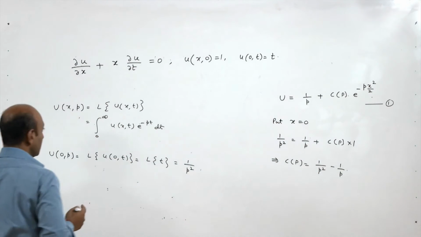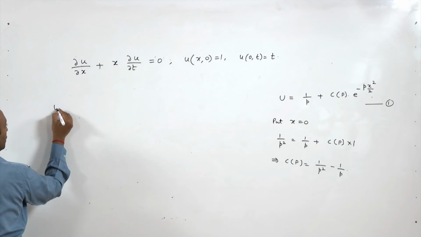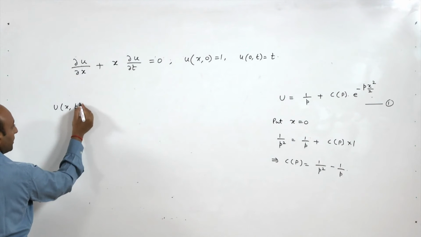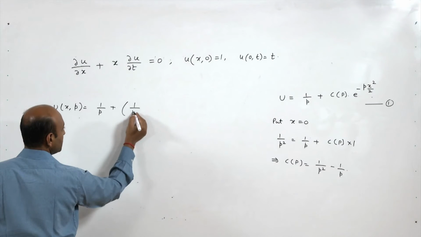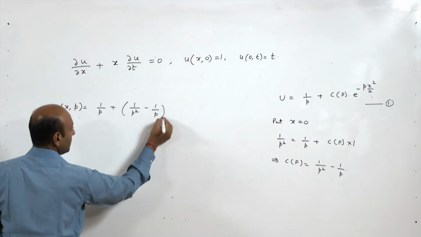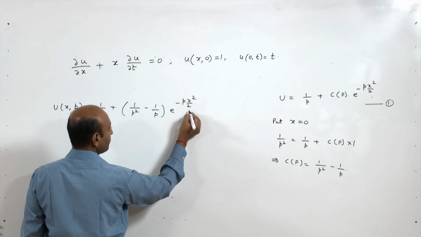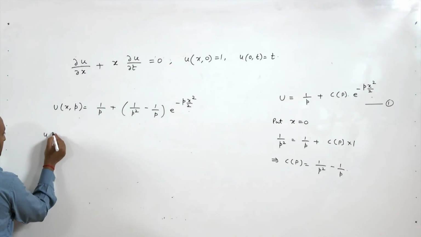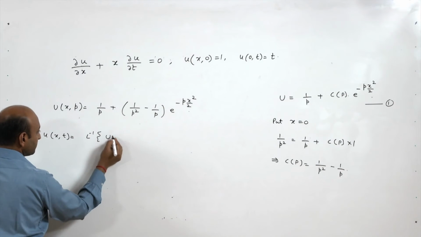Therefore, U(x, p) is nothing but 1 by p plus (1 by p squared minus 1 by p) into e to the power minus p x squared upon 2. Now, u(x, t) will be nothing but the Laplace inverse of U(x, p).